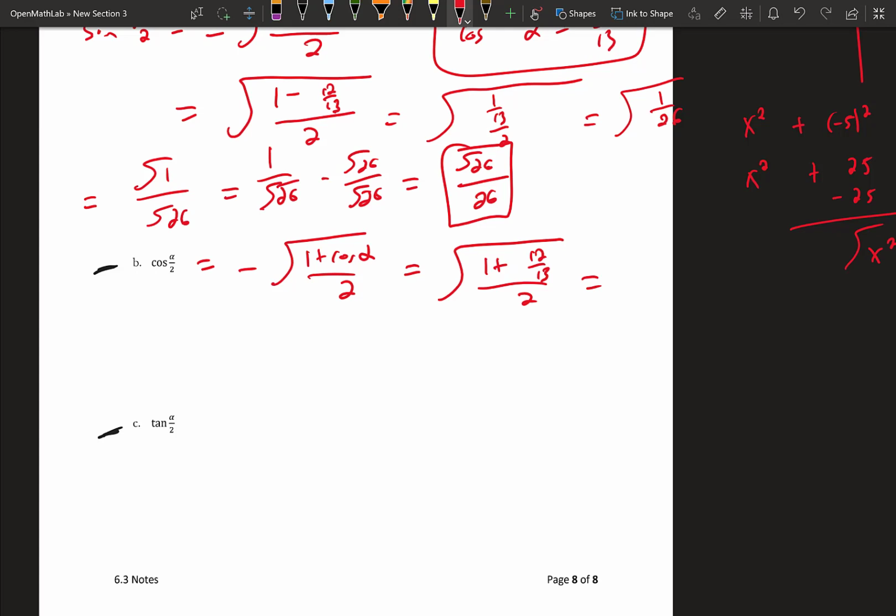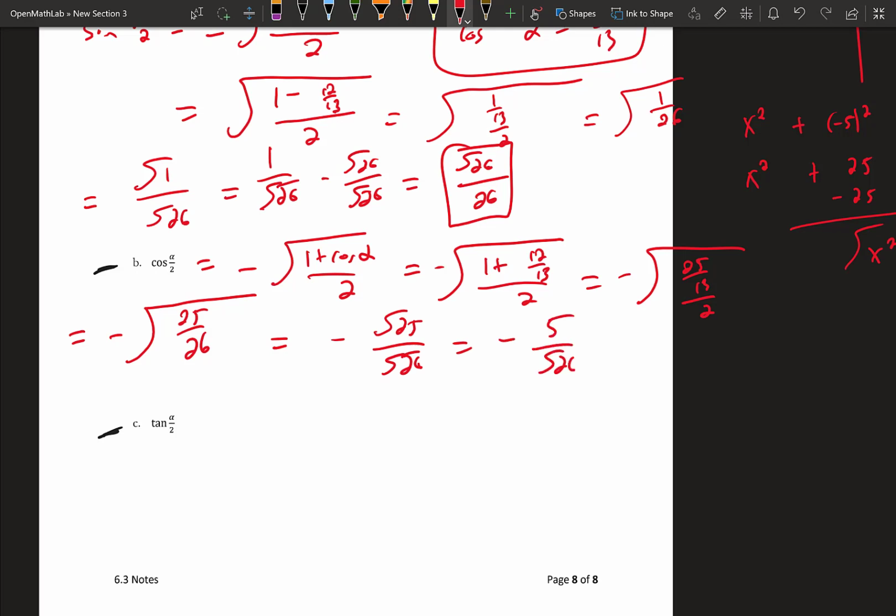So 1 plus 12/13 is 25/13 all over 2, which is negative the square root of 25 over 26, which is negative 5 over radical 26. Rationalizing the denominator again, we end up with negative 5 radical 26 all over 26.